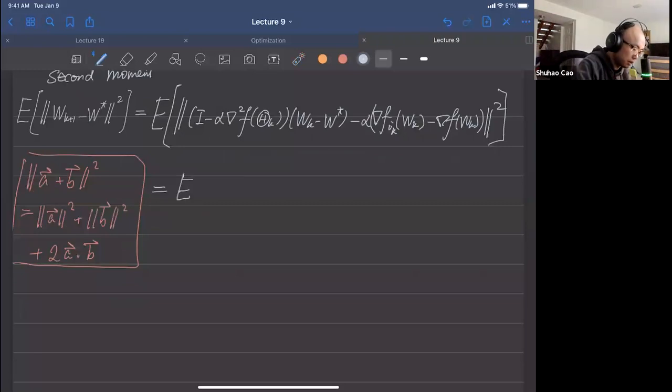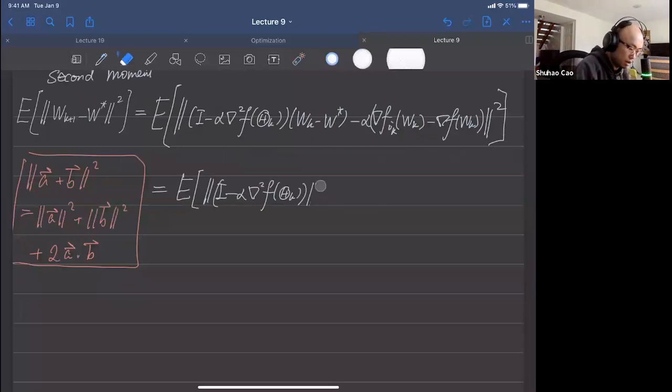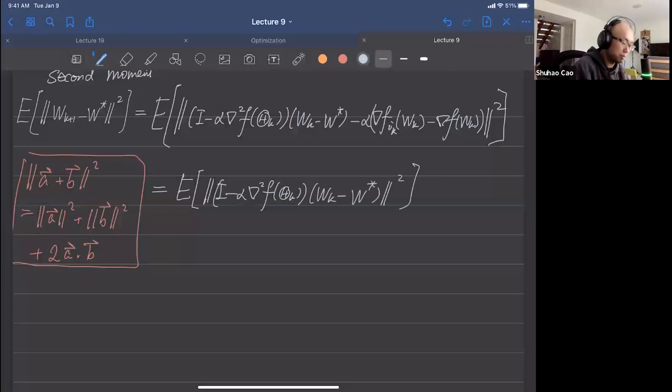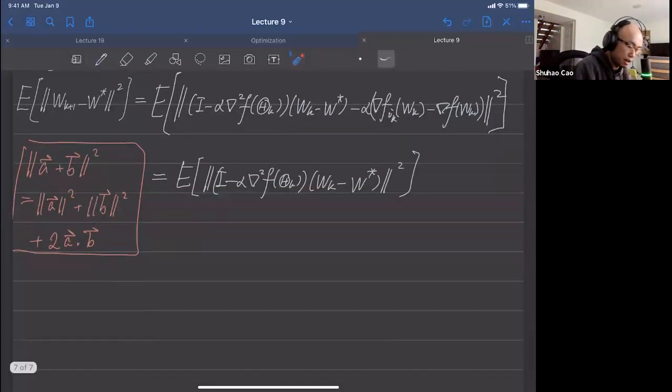So for example, the first one is I subtract... yeah, let's not use Cauchy-Schwarz first. Let me just keep it as it was. So this is the first term, and then we have the last term.